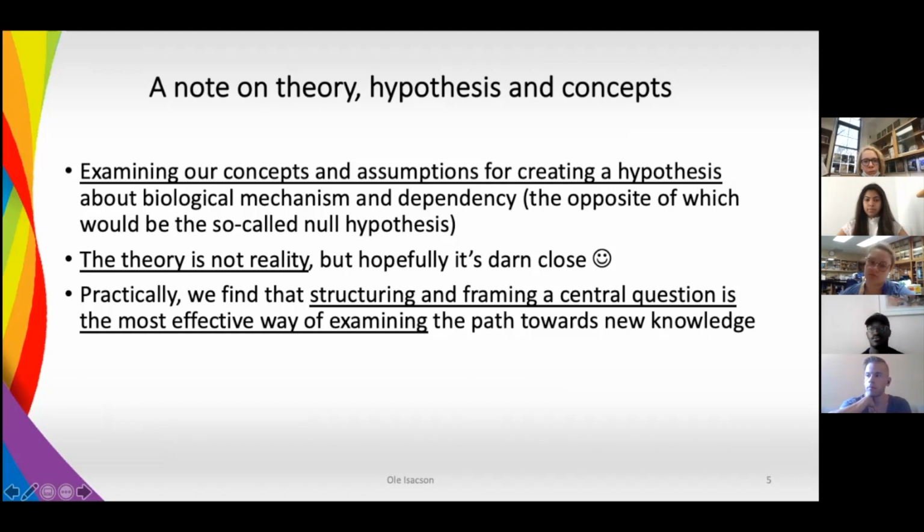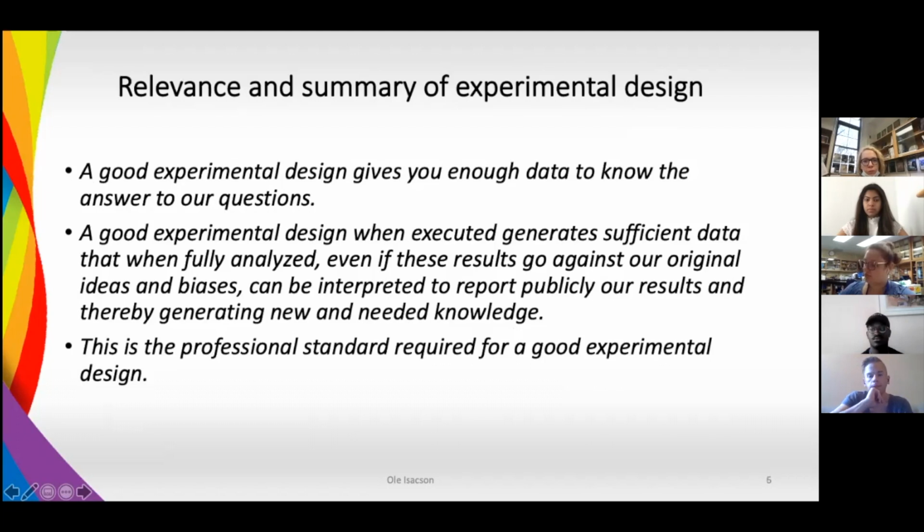So in practical terms, then, what we do in the lab is to frame central questions, as you hear all the time, to find the most effective way of examining those, right? So to summarize, a good experimental design always gives you enough data to know the answers to part of the questions or all of it. A good experimental design, when executed, generates therefore sufficient data when fully analyzed, not midstream.